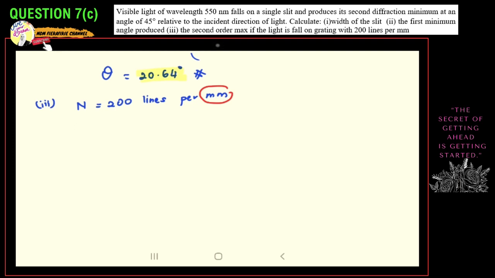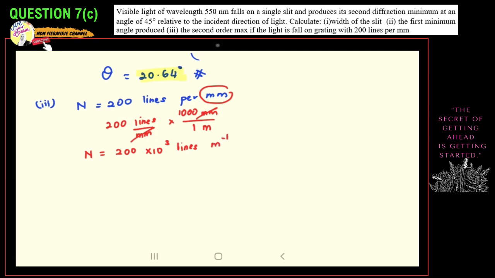Okay, how do we convert? If you still don't know, let's do it. So this one is per millimeter, so I will write 200 lines per millimeter times, millimeter at the bottom, one more millimeter on top. So we want to convert millimeter to meter. Okay, so 1 meter is 1000 millimeter. So we can cancel millimeter. Therefore, n is equal to 200 exponent 3 lines per meter.